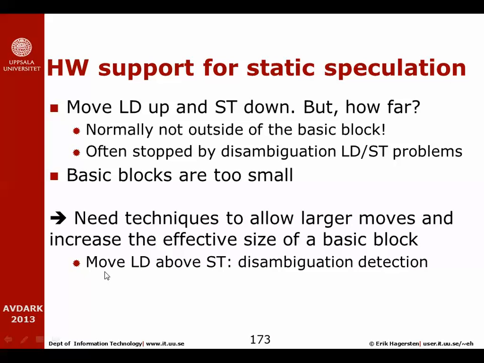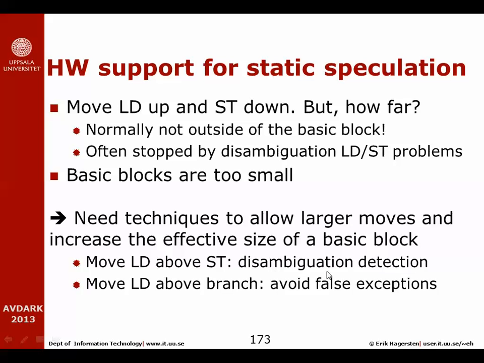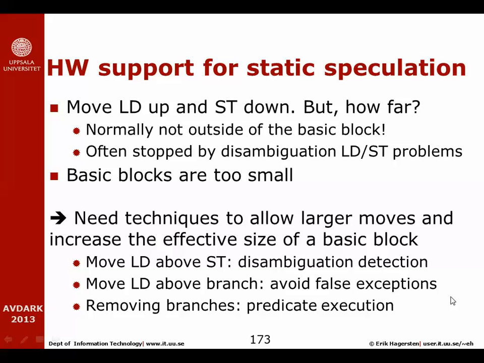So we need to somehow allow loads to move above stores. And one way to do that is to have a way where we can make sure that the load and store are not the same address. We have to have a way for loads to move above branches. And one thing we have to look into, we have to guarantee that we're not going to get any false exceptions if we allow that to happen.